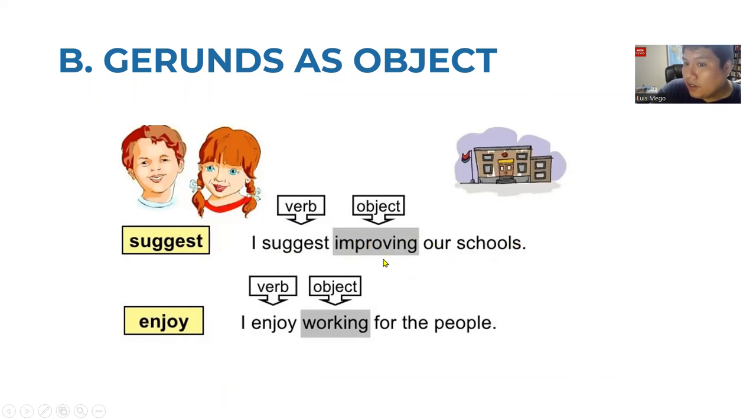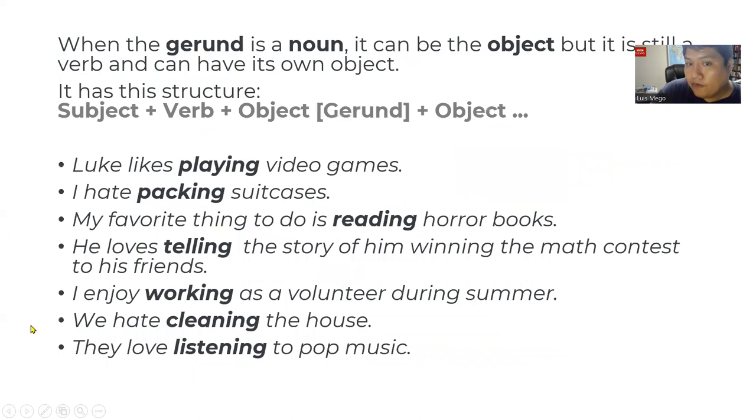Yes, so this improving acts like an object, similar to the other one. I enjoy working, so I is the subject, enjoy is the verb, and the object is working.